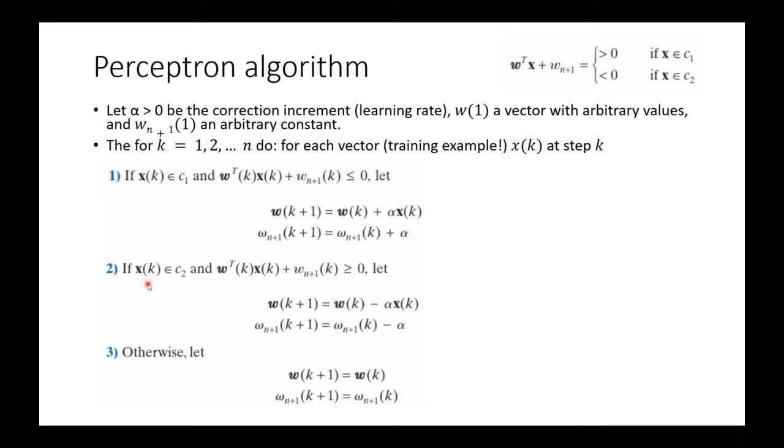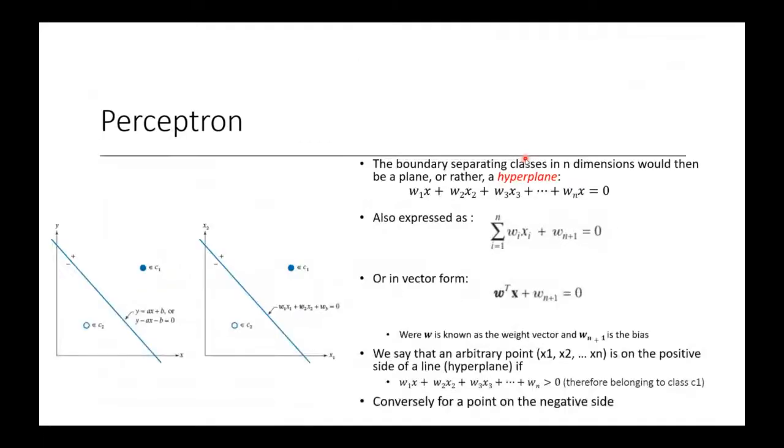If it was the other way around, let's assume I get a second example. This is not equal to this one. This is an example that belongs to the class C2. Therefore, it should be located on the other side of this decision boundary, should be here.